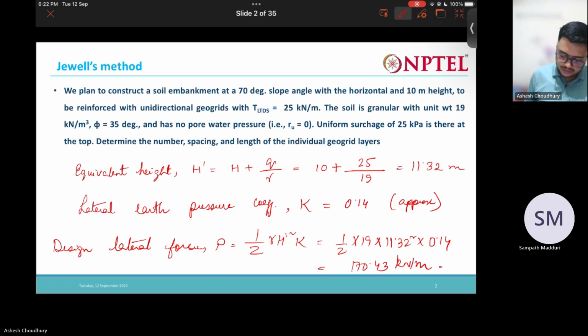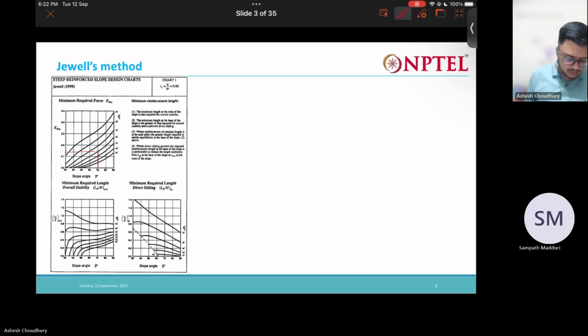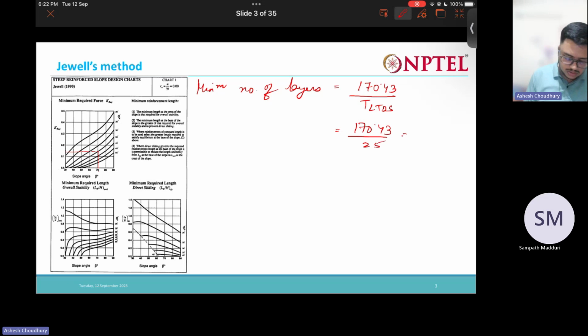So the minimum number of layers is 170 divided by the design strength, which gives 7 layers. So minimum we need to have 7 layers.